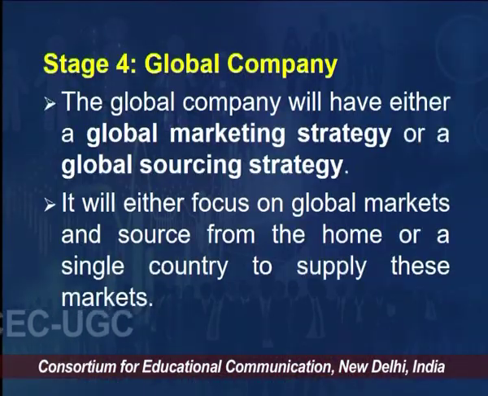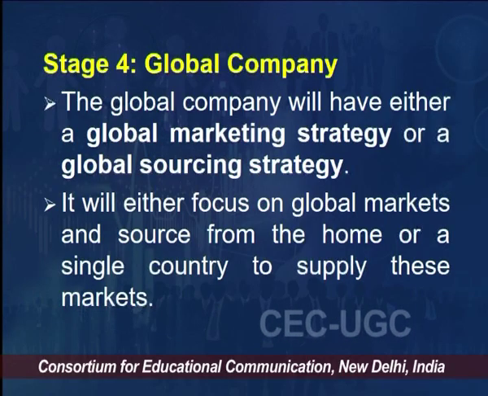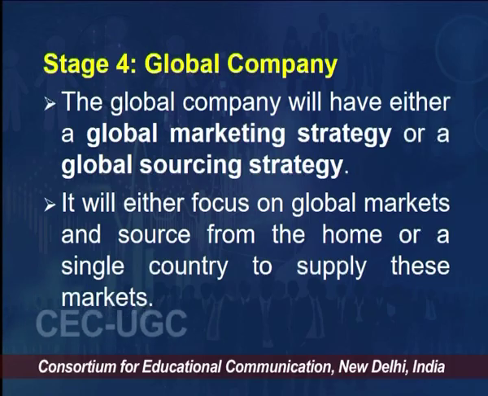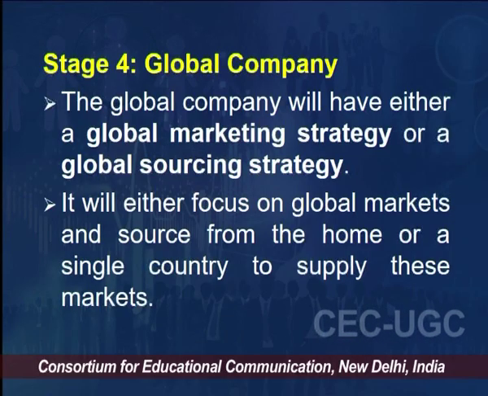Stage 4 is the global company. The global company will have either a global marketing strategy or a global sourcing strategy. It will either focus on global markets and source from the home country or a single country to supply these markets. Sometimes it will focus on the domestic market and source from the world to supply its domestic channels.